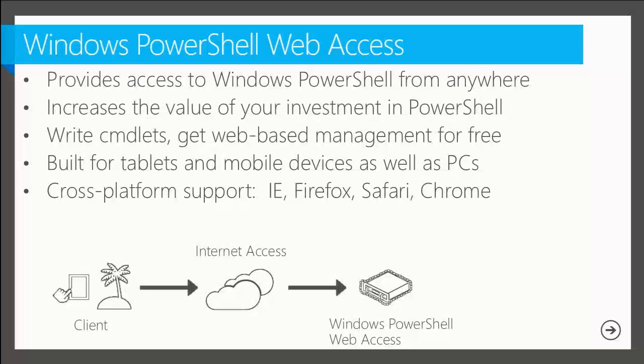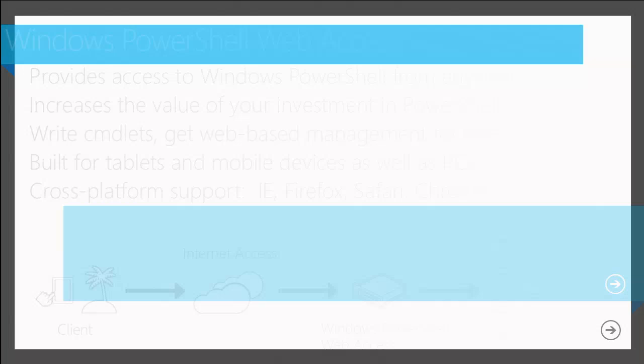You do not necessarily have to have domain controllers or any of your mission-critical servers exposed outside beyond the gateway. You can hit the gateway and have that access point so that your internal systems can be accessed with PowerShell cmdlets. So you can access all these things with PowerShell Web Access.